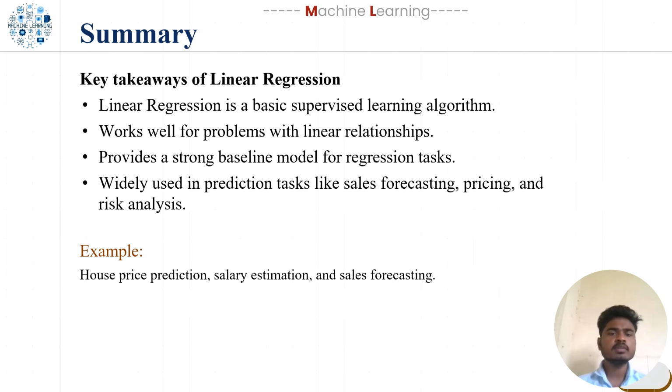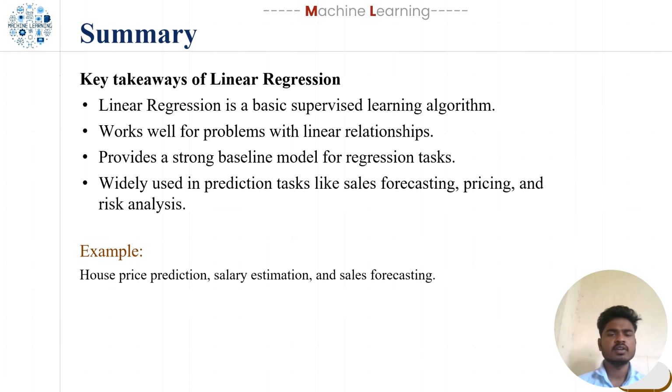Linear regression model summary. Linear regression is one of the simplest and most powerful supervised learning algorithms. It works on the idea of finding the best straight line that describes the relationship between input variables and output variable y.